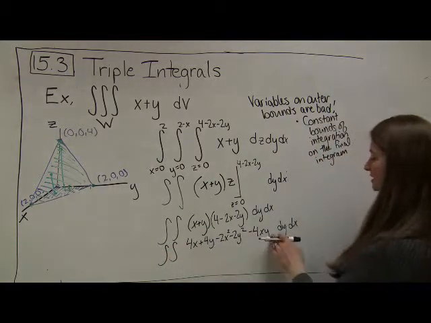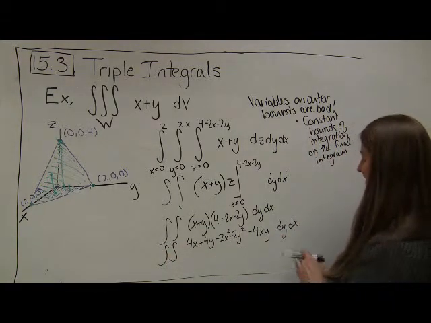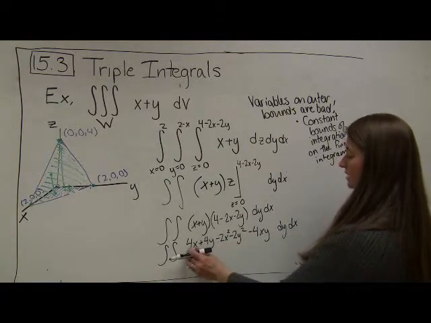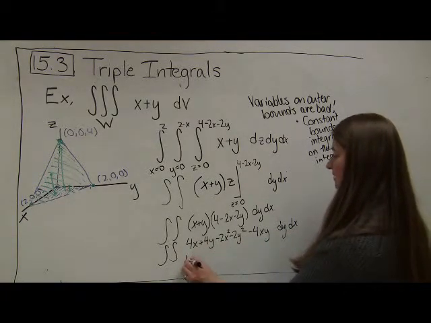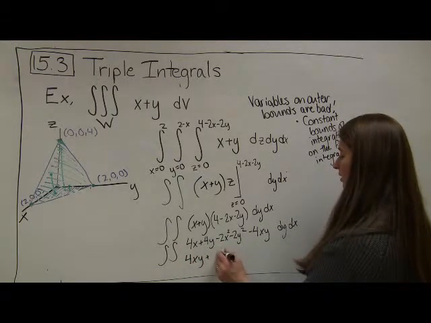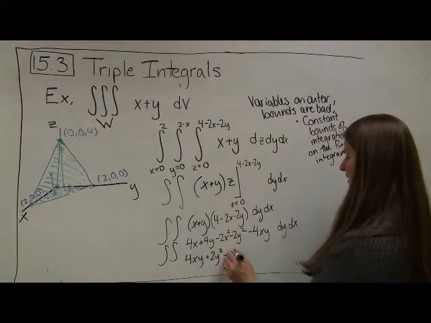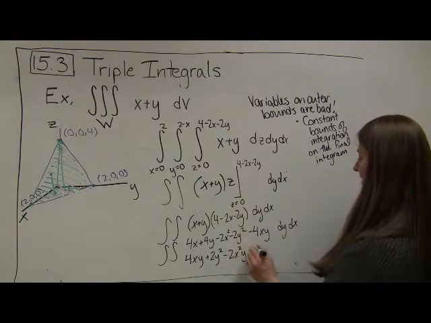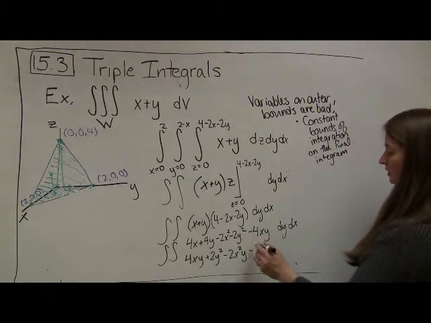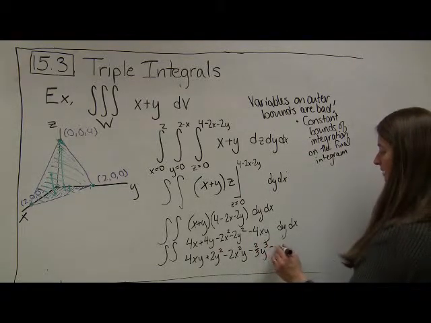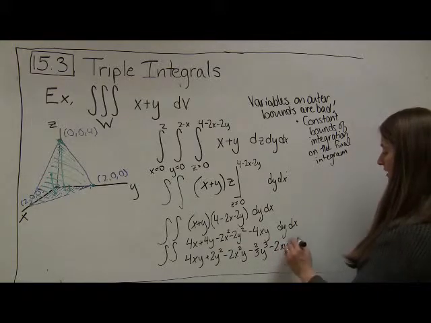Now I'm going to integrate this messy thing with respect to y. So integrating with respect to y, I'm going to add y's as coefficients on any of the constant terms. So in this case, it becomes 4xy plus 4 divided by 2 becomes 2y squared minus 2x squared y minus 2/3 y cubed minus 2xy squared.